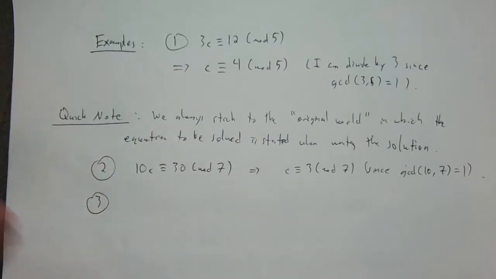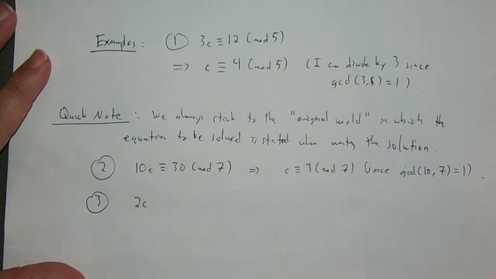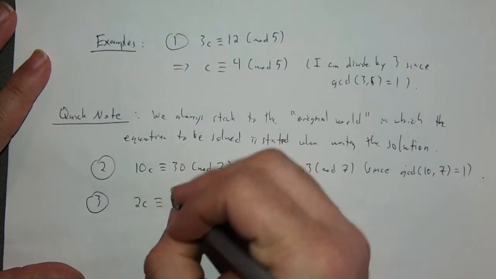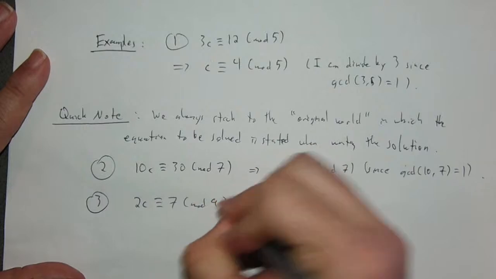Okay, let's do an example where it doesn't quite work out in the same way. So what about 2c is congruent to 7 mod 9?